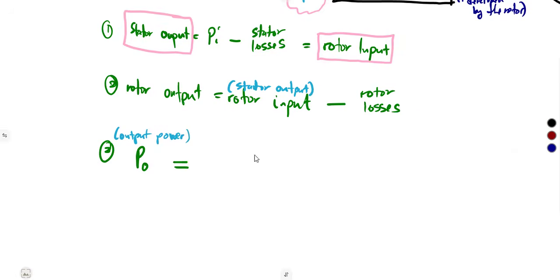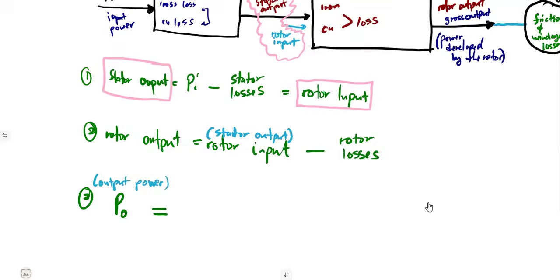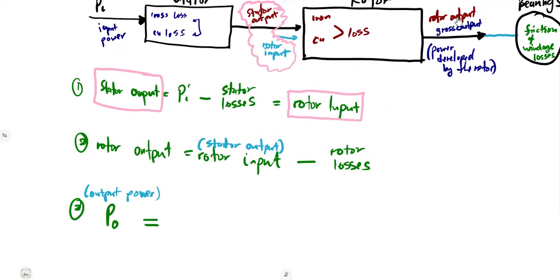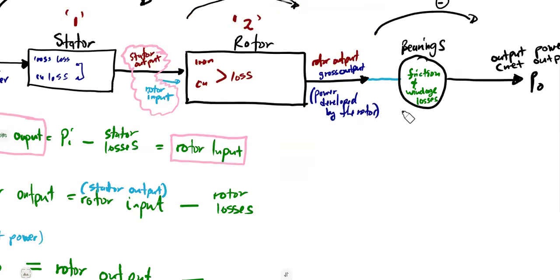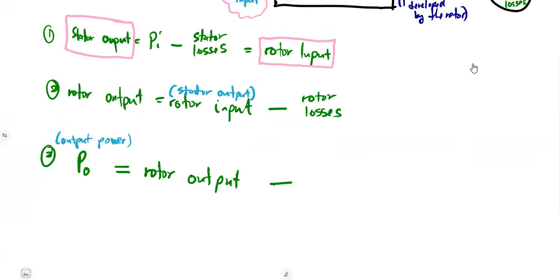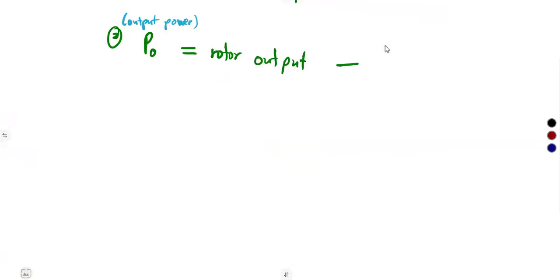Remember, we are subtracting from where we left, which is the rotor output. So we say the rotor output minus the losses that we have after. We are going this side, subtracting the losses encountered in the bearings, which are the friction and windage losses.